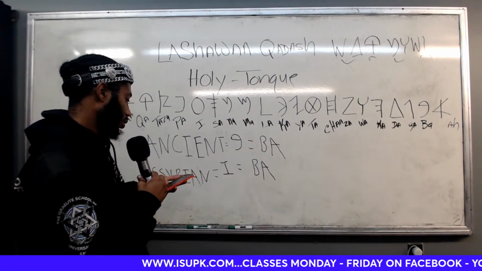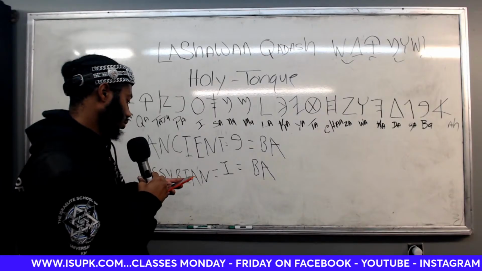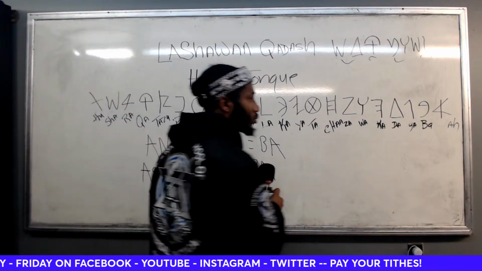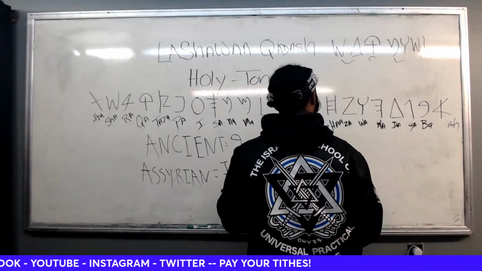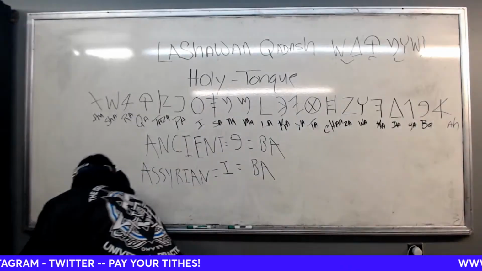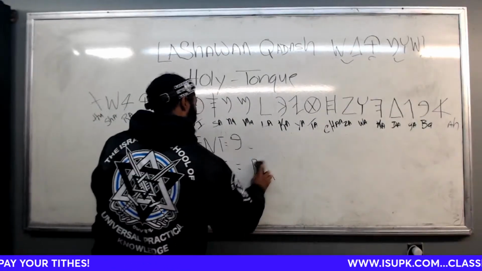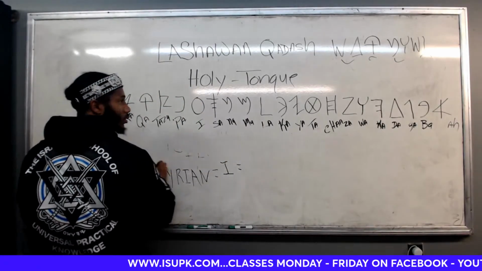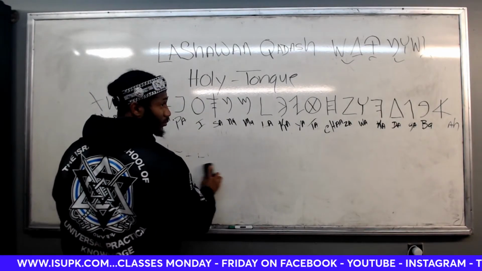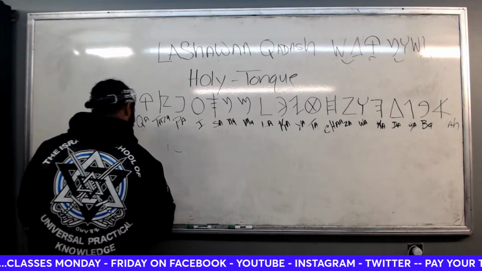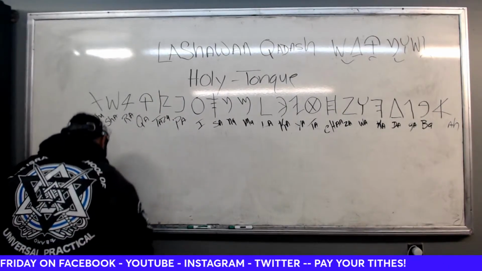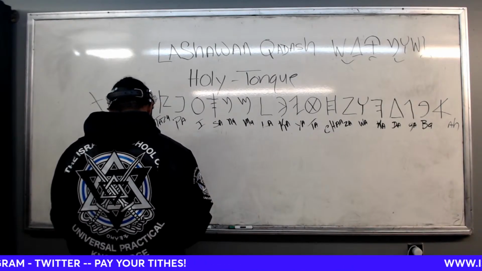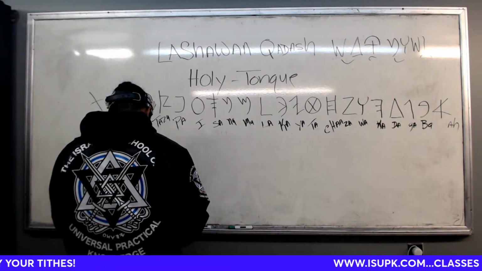Let's see. Write the English right quick. Write the ancient. Connect this with there. Write this right quick.